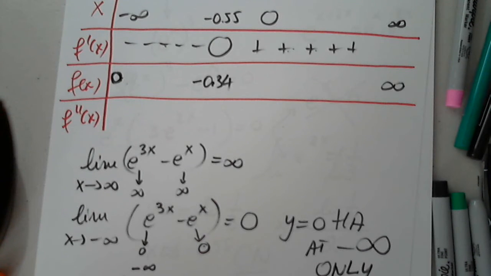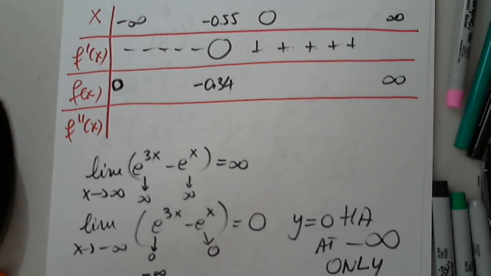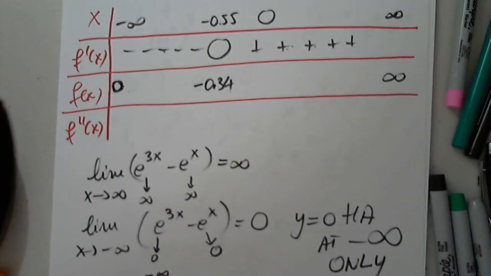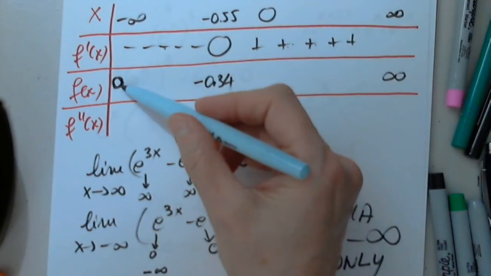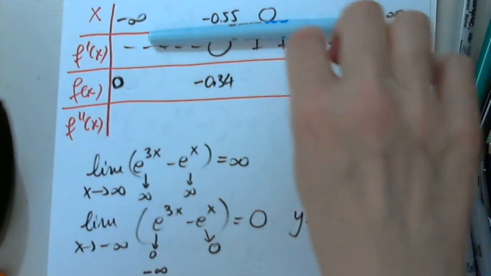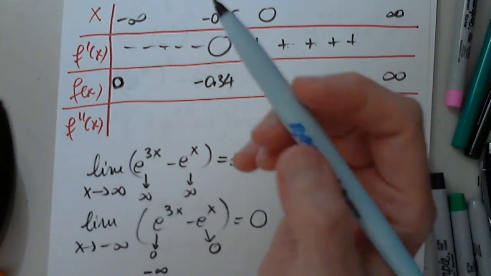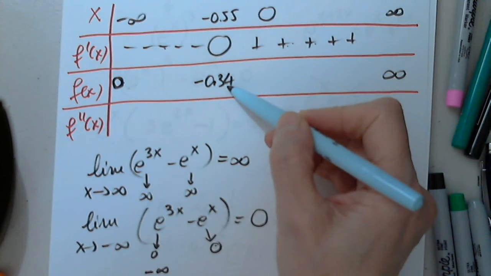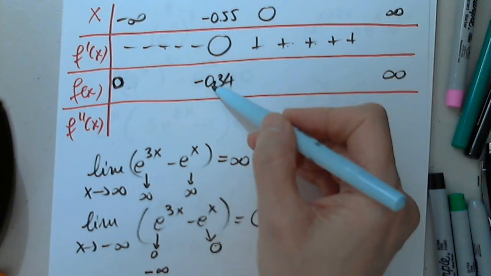Okay, good. So now I know I almost have to stop. Yes, I have half a minute. Okay, I have to make sure that these two rows work well together. Otherwise, I have a mistake. From negative infinity to negative 0.55, what does the function do?